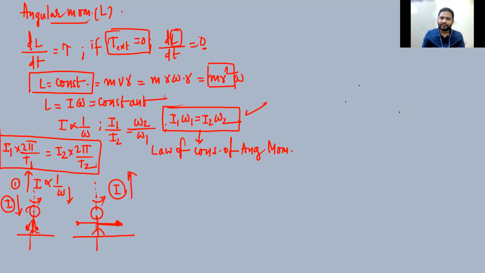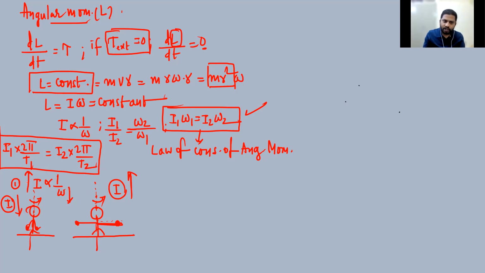M is the mass of the body, and r is the perpendicular distance of that particular body from the axis of rotation. Imagine these are dumbbells in his hands, and this dumbbell is at a distance far from the axis of rotation, while this dumbbell is very close to the axis of rotation. So the moment of inertia is more in this case when r is more.